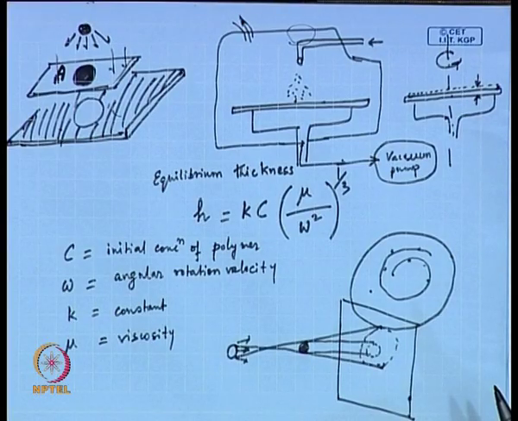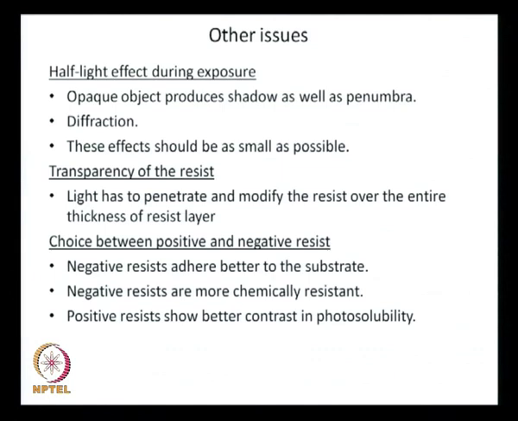You can refer to penumbra and how an opaque object produces shadow. This is covered in a very preliminary course on optics, probably in the initial lectures. So, this is what the half light effect is.